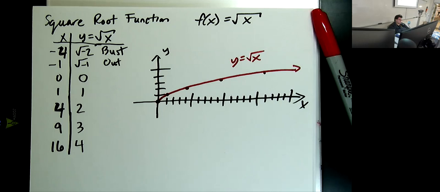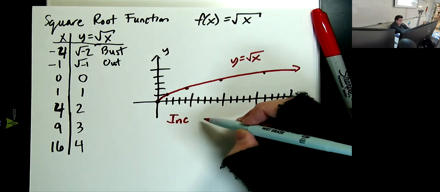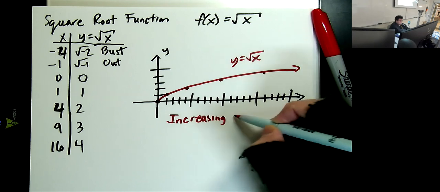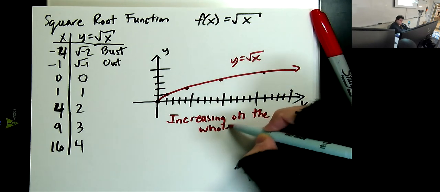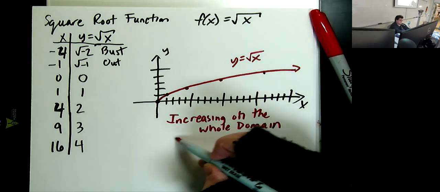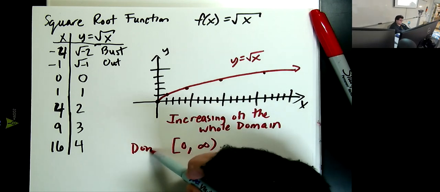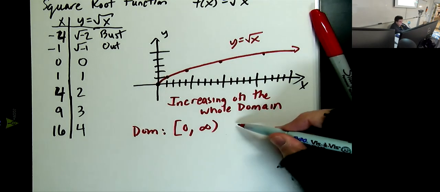All right, so where is this increasing? This is increasing on its whole domain. But the domain starts at 0 and goes to infinity. And that's actually going to be our range too.